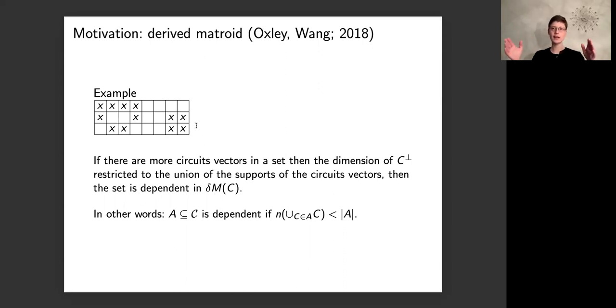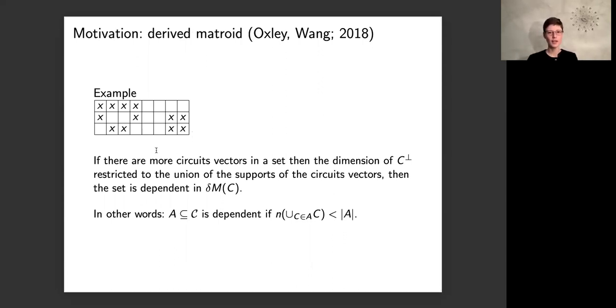So here I have 8 elements. 2 of them don't appear in the question. If I take my dual code, that's where these things live, and I ignore these positions that have zeros anyway, I can say, I just remove those 2 positions from the equation, and I look at the maximal dimension of what is left. Well, the maximal dimension of what is left is actually the nullity of the non-zero positions, but in the normal matroid, in a normal code.